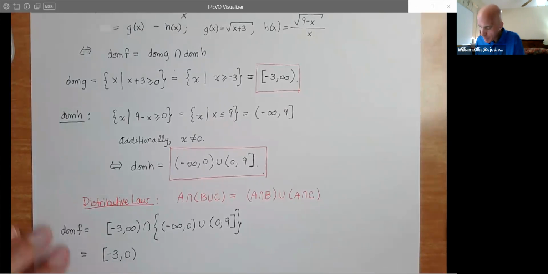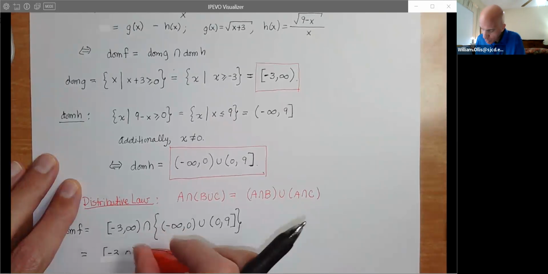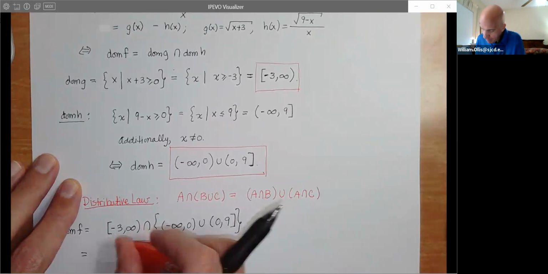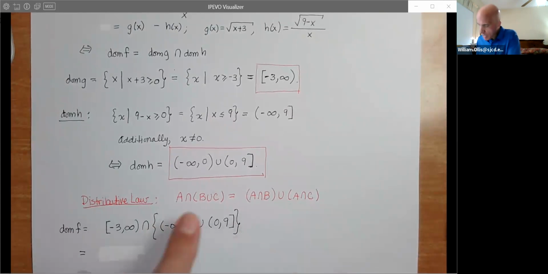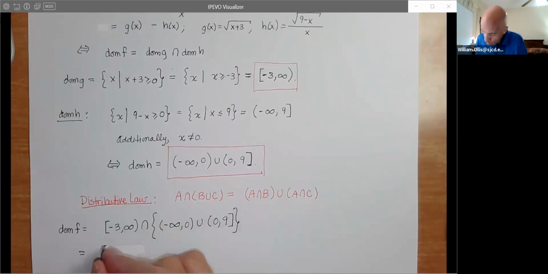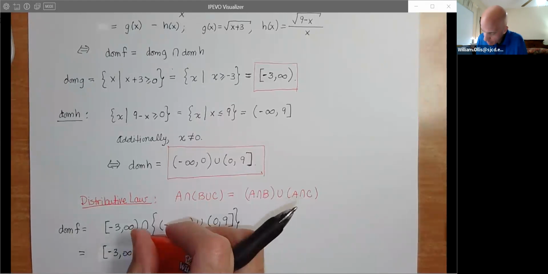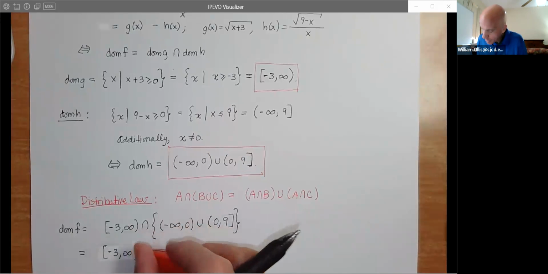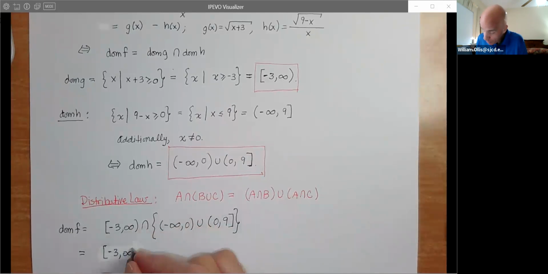So let me go ahead and write it out in 2 steps. Let me go ahead and do exactly what I've done here. So this will be -3 to infinity. Sorry, infinity never gets a bracket because it's not a number. I just want to go ahead and write this out with the notation that I've used here.